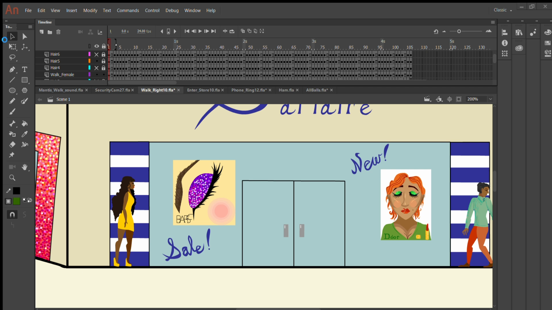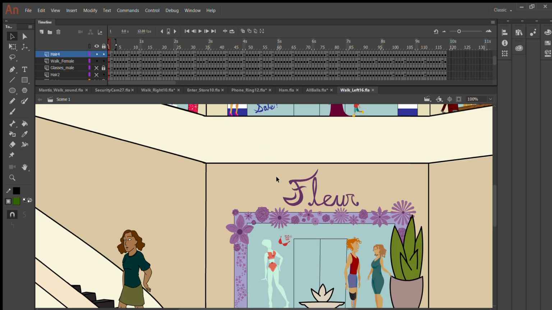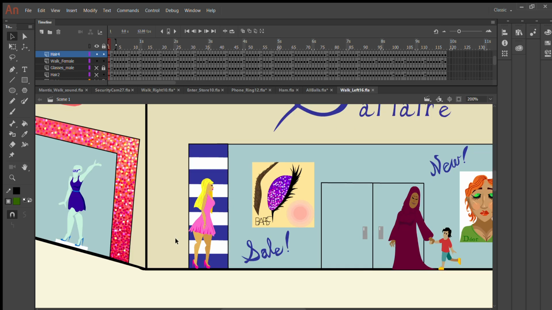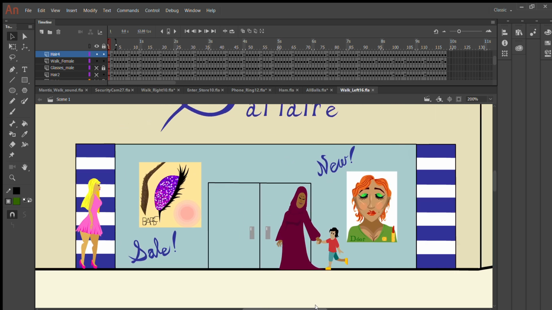And with these walk cycles, you don't really need to reinvent the wheel. Yes, and then see, we have our walk left, where the characters in the background are looking a little different, but again, not reinventing the wheel here.